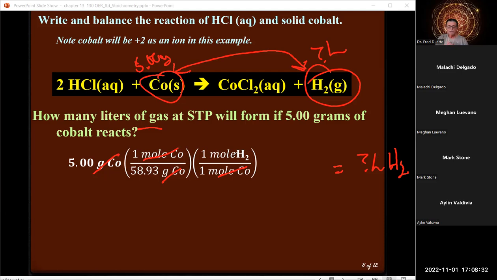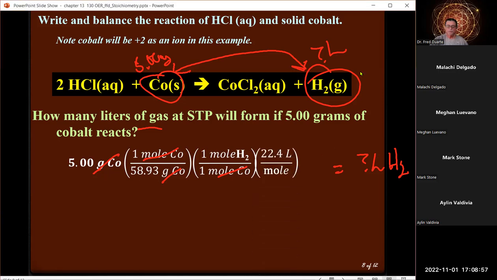So at this point, unit-wise, we are at moles of hydrogen. And the question is, how many liters of hydrogen would that be if you start off with 5 grams of cobalt?